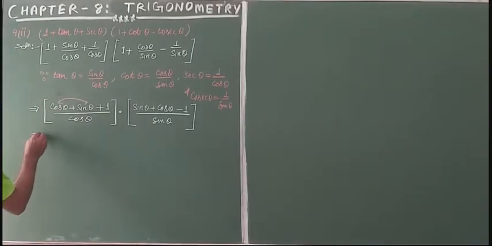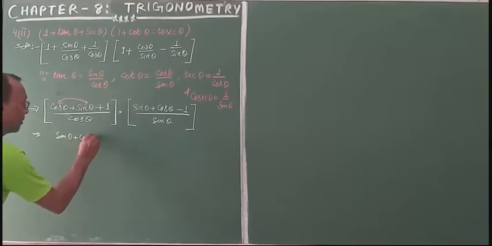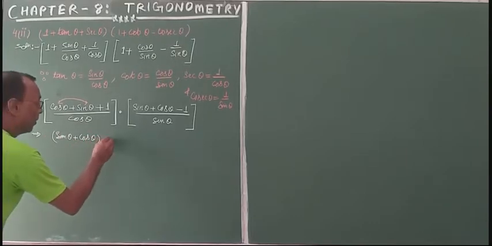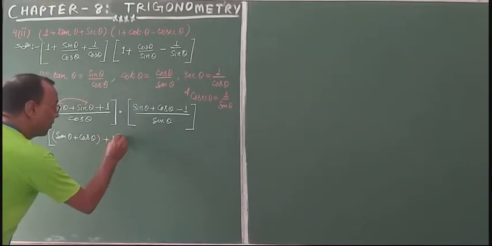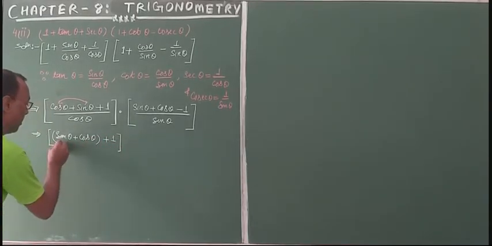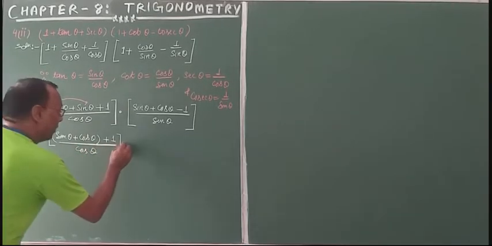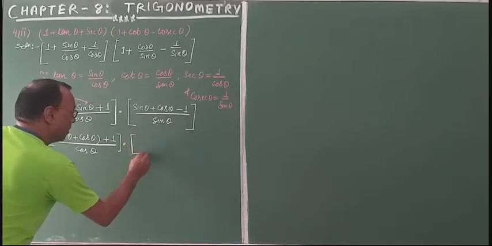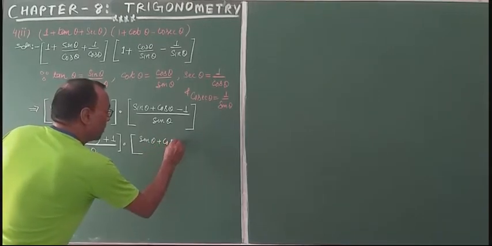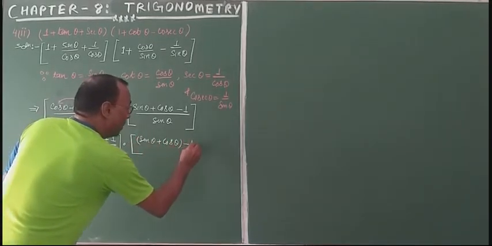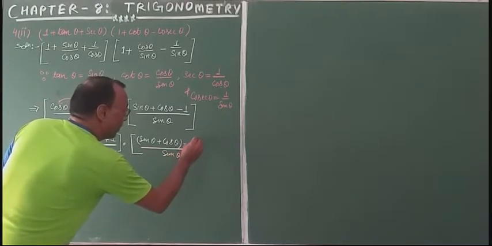So it will become (sin theta plus cos theta plus 1) upon cos theta, multiplied with (sin theta plus cos theta minus 1) upon sin theta.